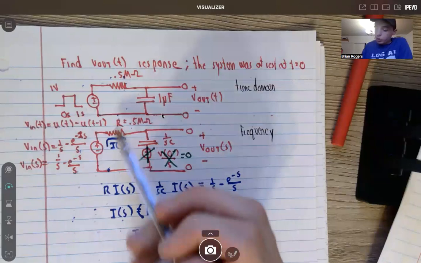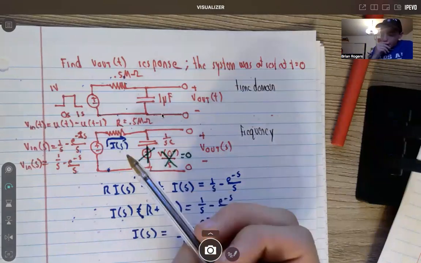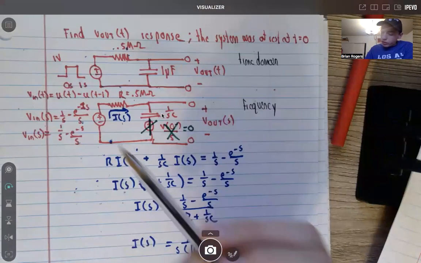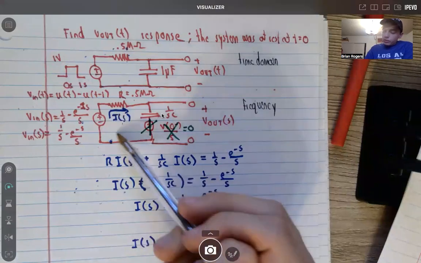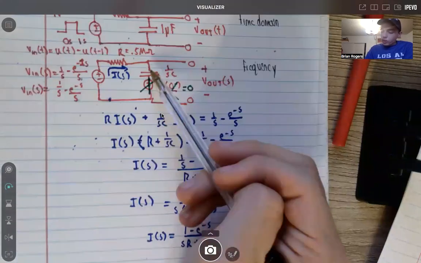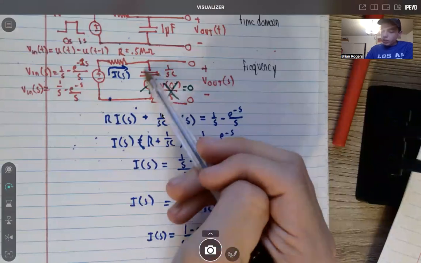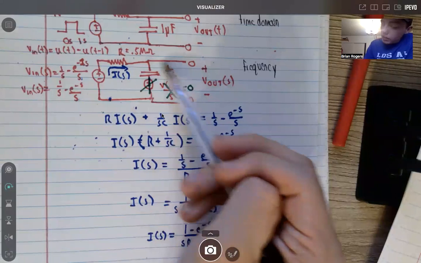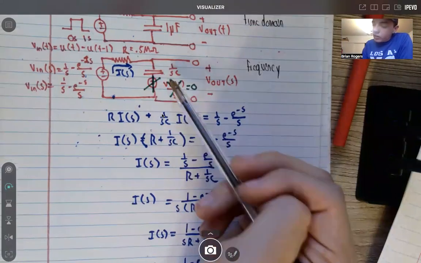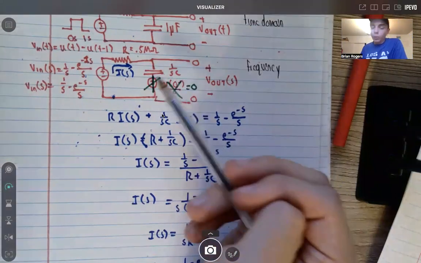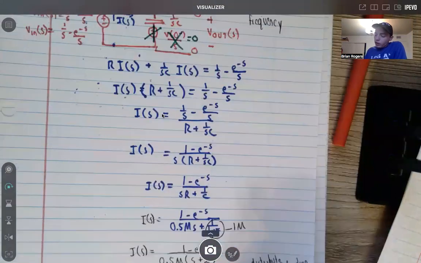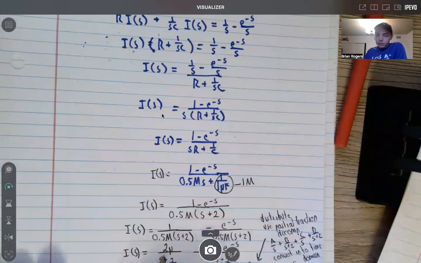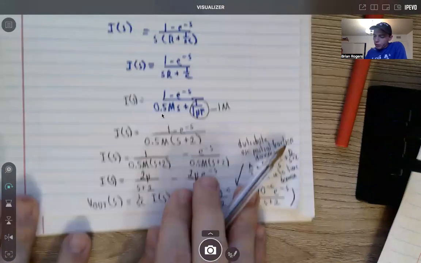Once we drew the equivalent frequency domain circuit, we solved for the current going through the circuit. Since we're now in the frequency domain, the output voltage is just the current multiplied by the equivalent impedance. The impedance is 1 over sC, times what we got for the current, which we found after a lot of mathematical manipulation.